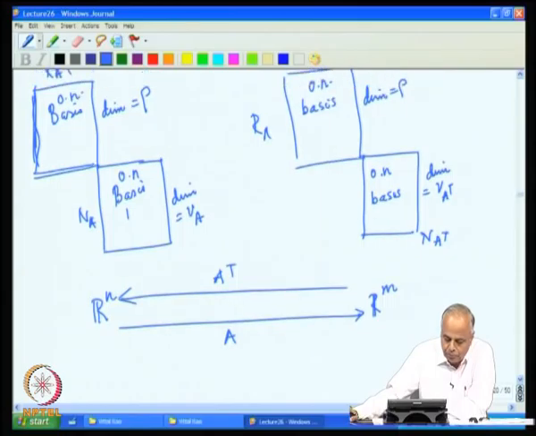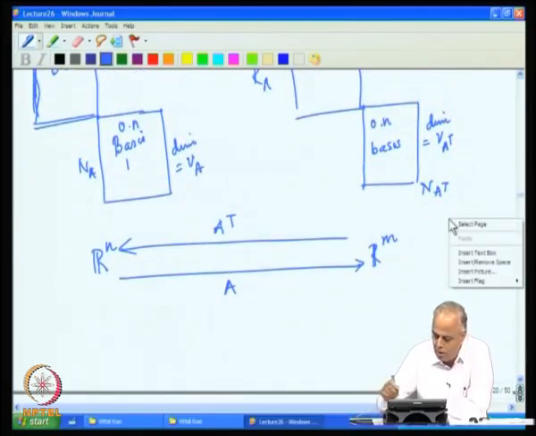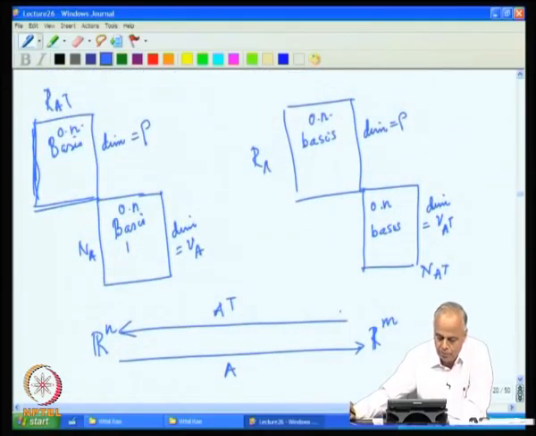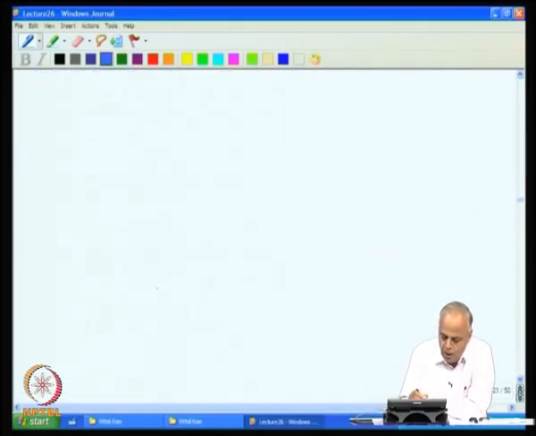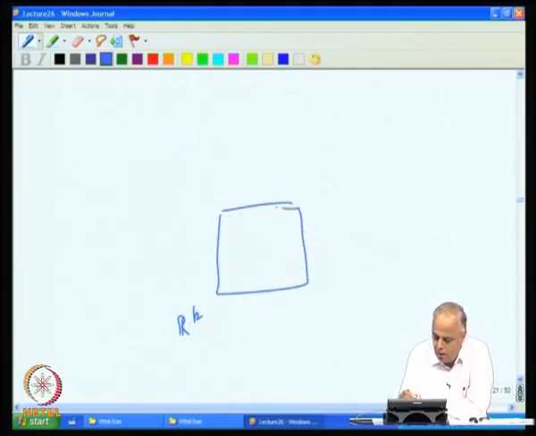So, therefore, we have to understand what is meant by a suitable basis, how to choose this suitable orthonormal basis, how you put all this information together to get the answers to all the questions that we raised about a matrix. Now, before we do that, let us also observe one fact. Suppose I have R k and I have a subspace W and I have its orthogonal complement W perp.